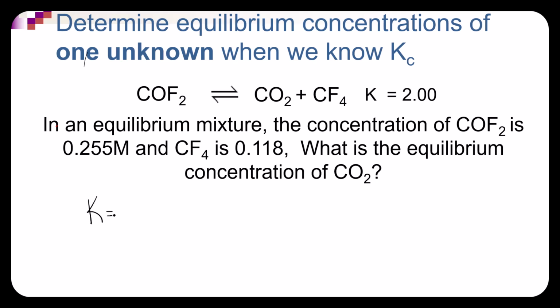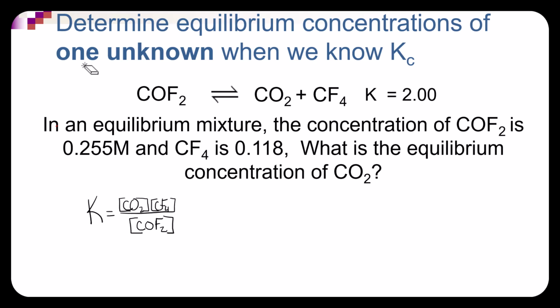The equilibrium constant for this reaction is concentration of products over concentration of reactants: carbon dioxide, CF4, and then concentration of our reactant. I did not give you the states for this one.